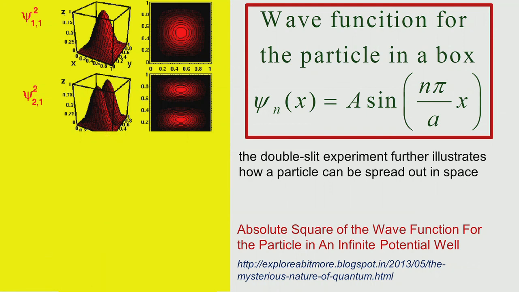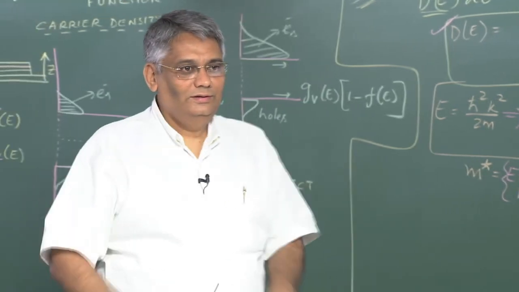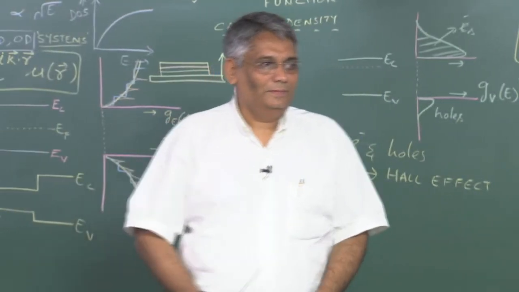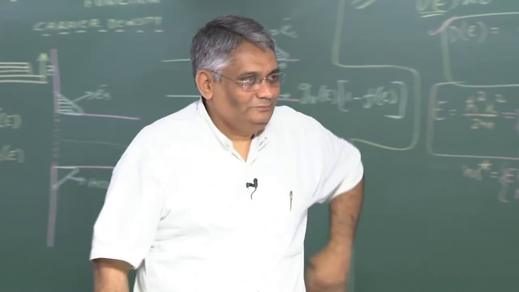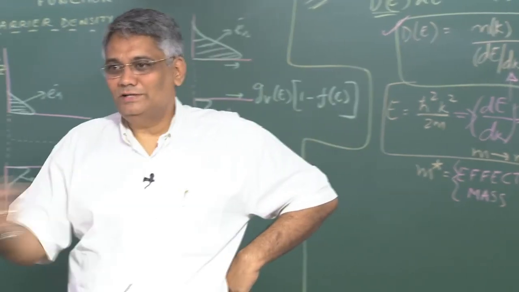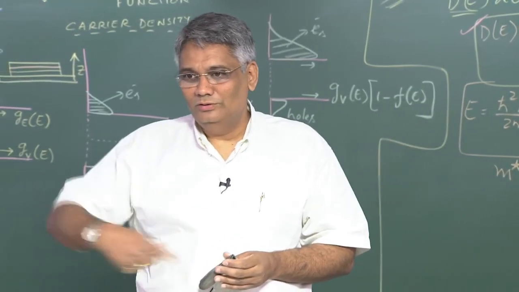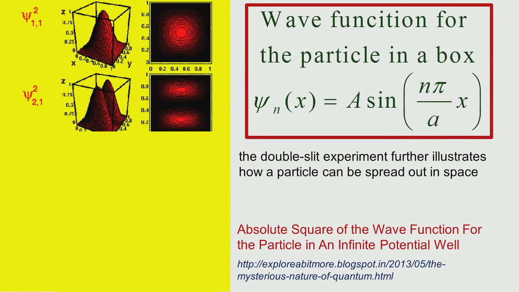But just take this example. So there is no probability of finding an electron in the middle of the box. How can the electron move from one side of the box to the other side without going through the middle of the box? The probability distribution is, you see, and there is nothing in the middle.